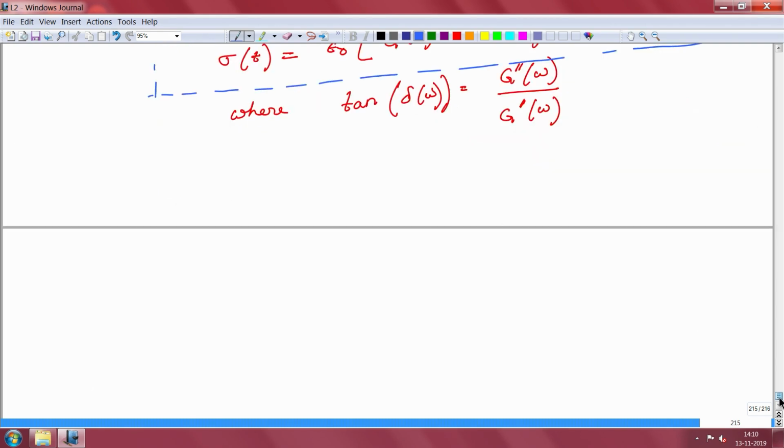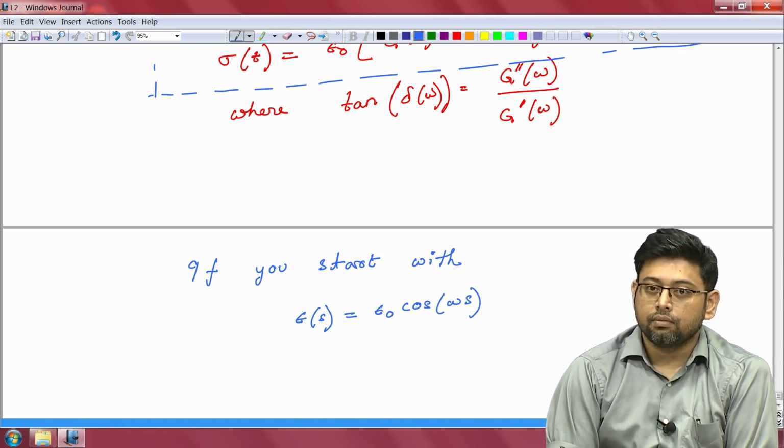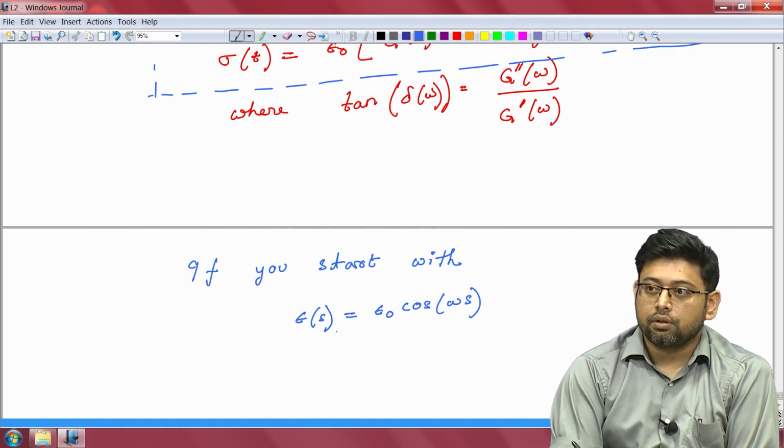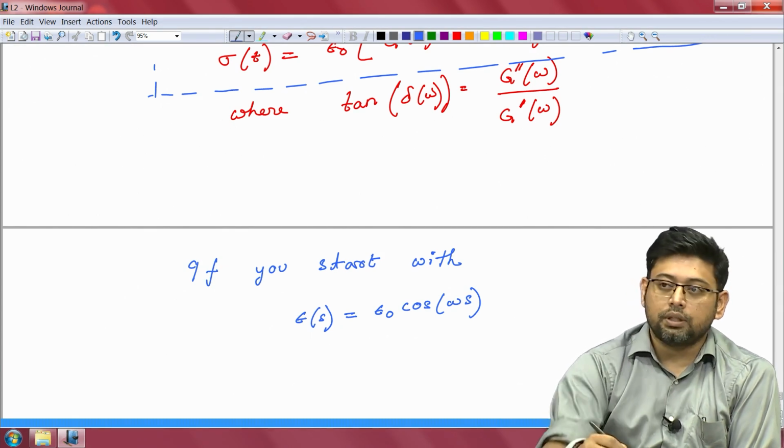So, if you start with epsilon of s equal to some epsilon naught cosine of omega s, then you can repeat this entire process all over again as we just did, and you will end up with a new equation. Actually, the equation will not be really fully new, it will be very similar.